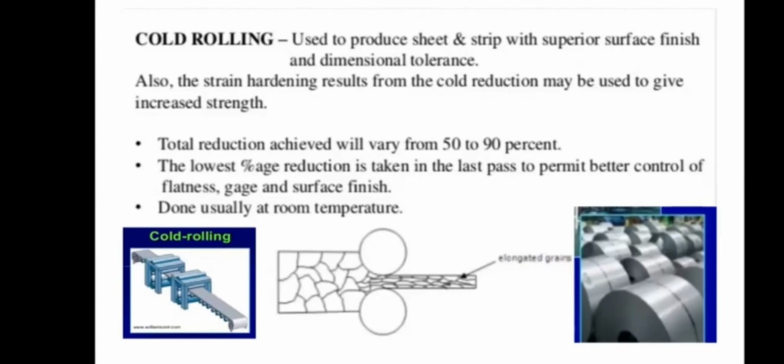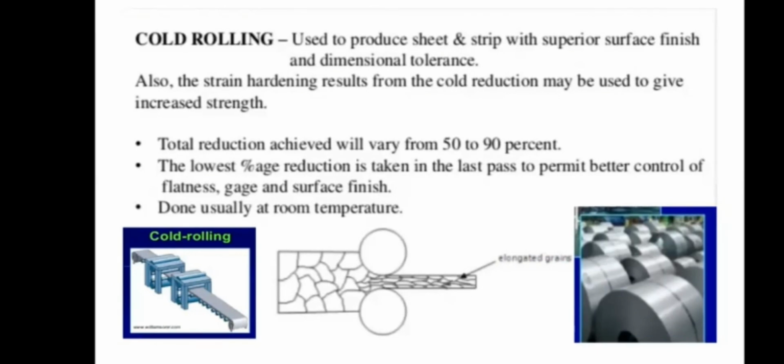In cold rolling the maximum percentage reduction is 50 to 90% only. And the lower the percentage reduction, the better the surface finish.